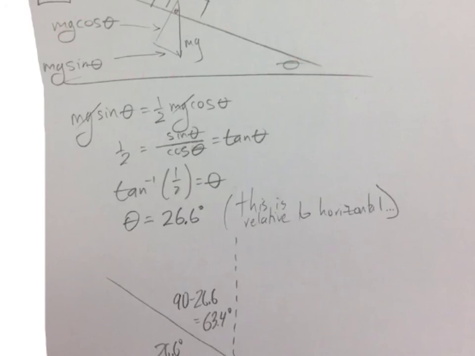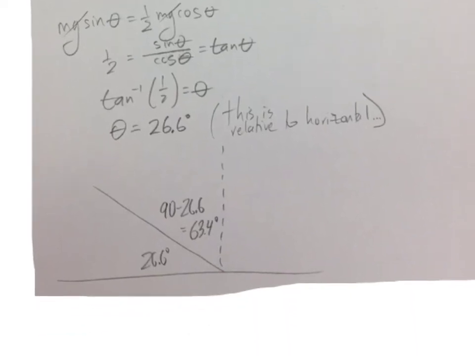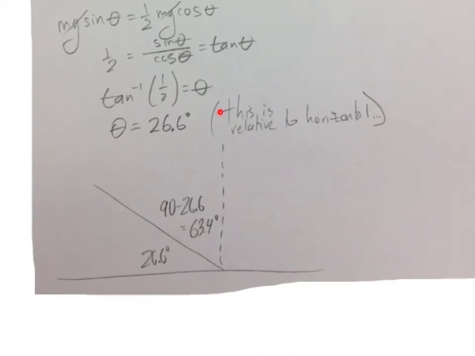So let's pay attention to what the question is asking. It is asking about the angle with respect to the vertical. So if this is 26.6, we know that this angle with respect to the vertical is going to be 90 minus that, giving us 63.4 degrees. All right.